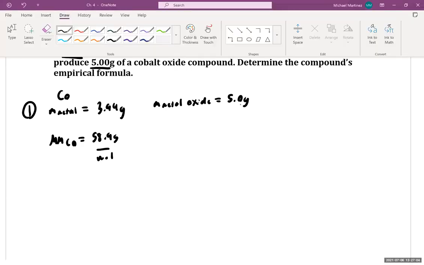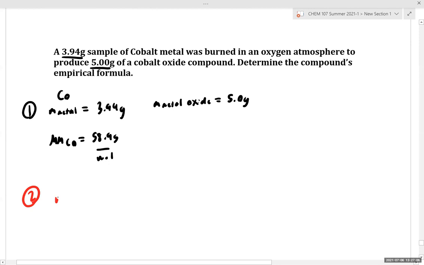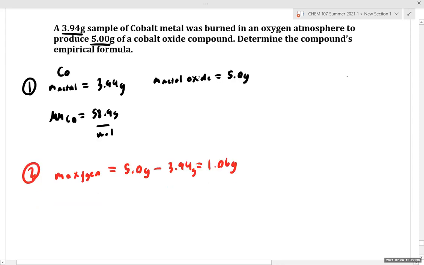Now, from this information, what is the mass of oxygen in our sample? 1.06. Exactly right. We take the mass of metal oxide minus the mass of metal, and that gives us the mass of oxygen, which is 1.06 grams.